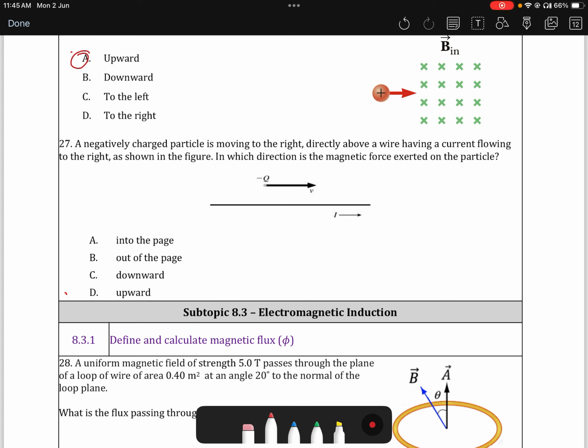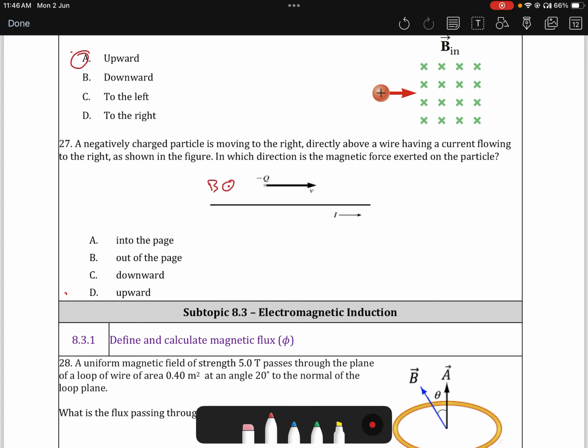So what is the direction of B in this case? Using the right hand rule for the wire, thumb with the current, our fingers roll around the wire. Above the wire, the magnetic field will be out of the page.